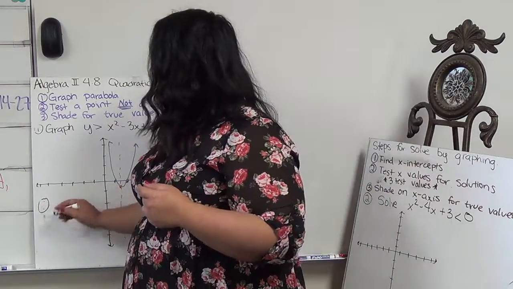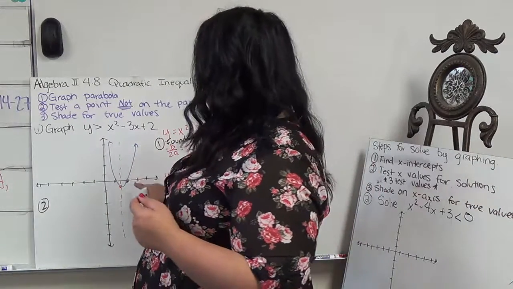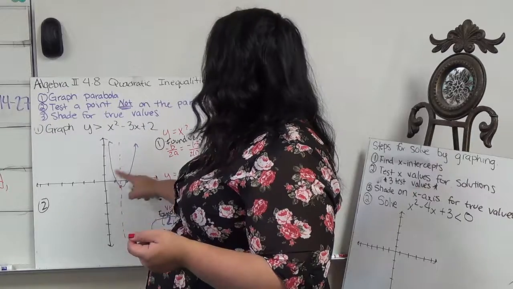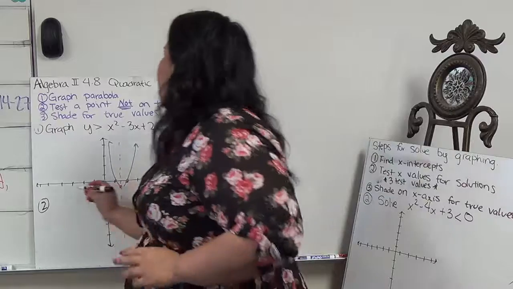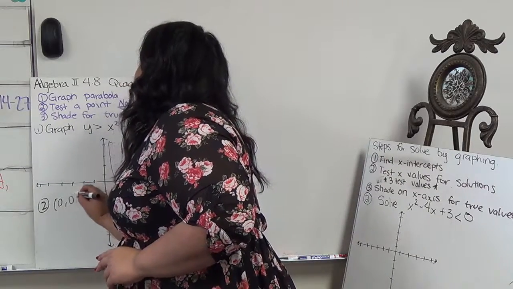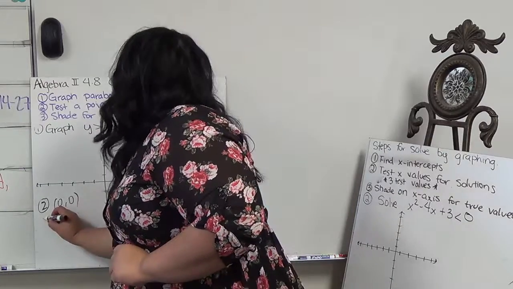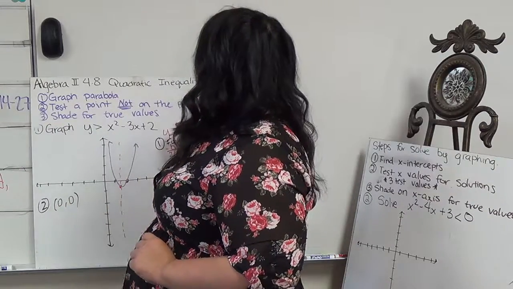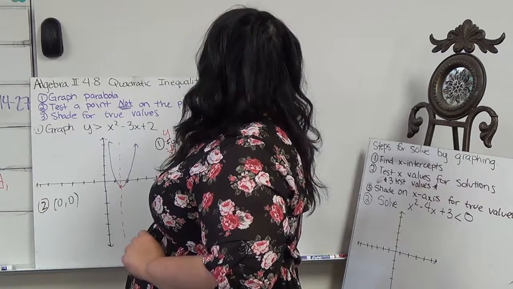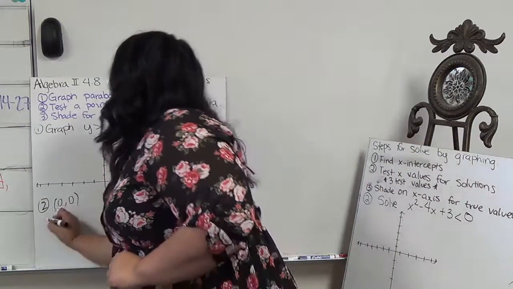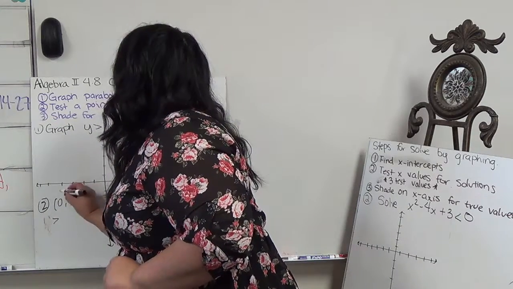My second step is to then test a point not on the parabola. It can be any point that's not on the parabola, either inside or outside. I can test 0, 0, because I like testing 0, 0. I put it into the original equation, right here, where this is x and y.